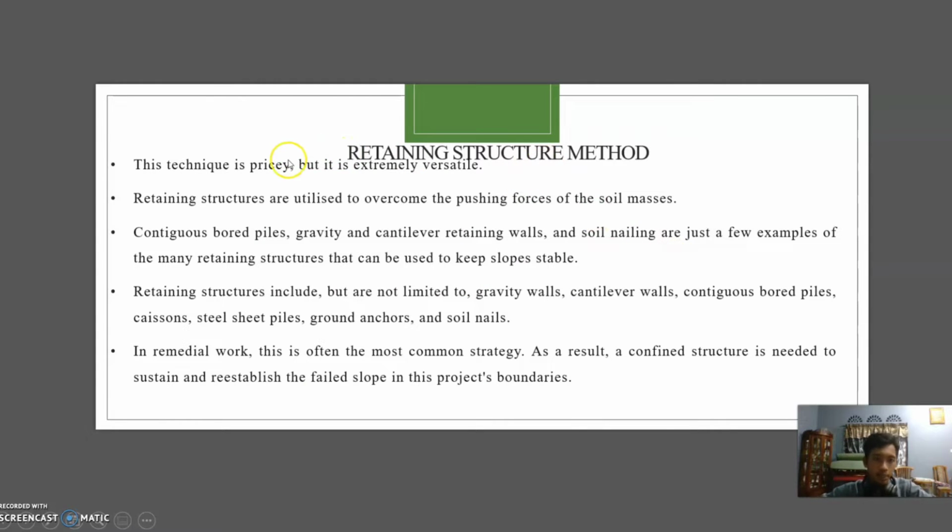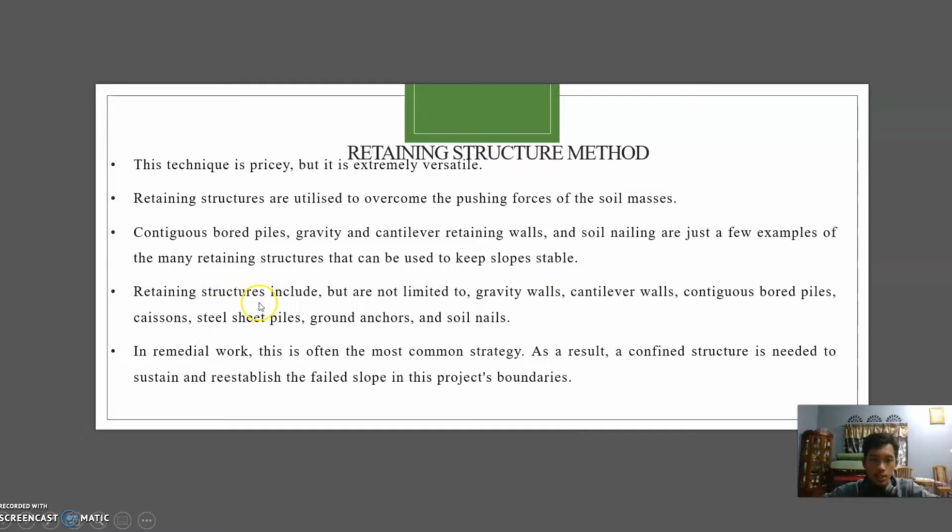This technique is pricey, but it is extremely versatile, and retaining structures are utilized to overcome the pushing forces of the soil masses. Contiguous bored piles, gravity and cantilever retaining walls, and soil nailing are just a few examples of the many retaining structures that can be used to keep a slope stable.